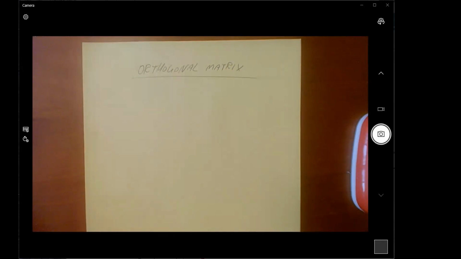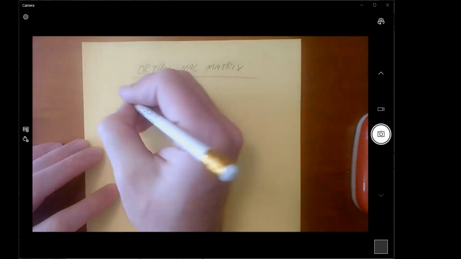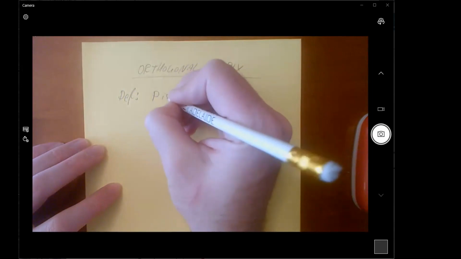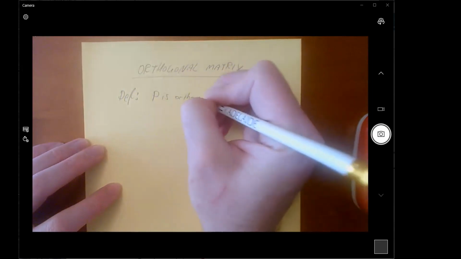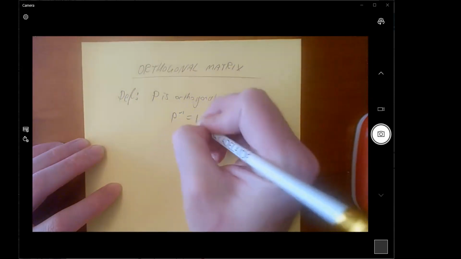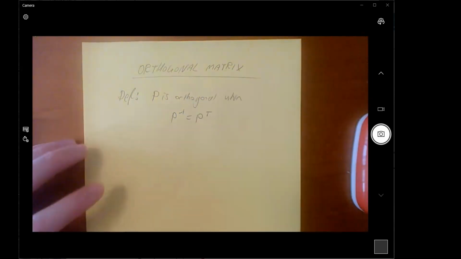So the question I was asked was, an orthogonal matrix, what are its columns like? So the actual definition of an orthogonal matrix is a matrix such that P inverse is the same as P transpose.